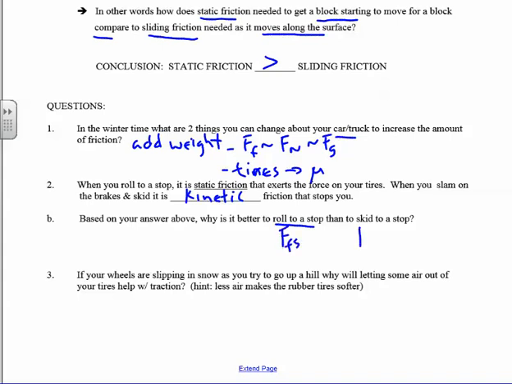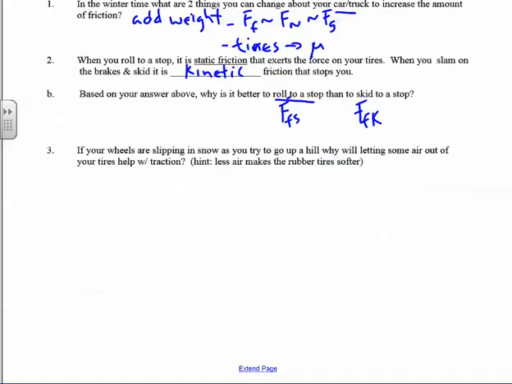Skidding requires force of friction kinetic, and we learned that static is always greater than sliding. So when static friction is stopping you, you're not going to roll as far as when you're skidding. When you skid, you're going to go further, which is more likely to hit something. That's why we've developed anti-lock brake systems, so your car is less likely to skid when you slam on the brakes.